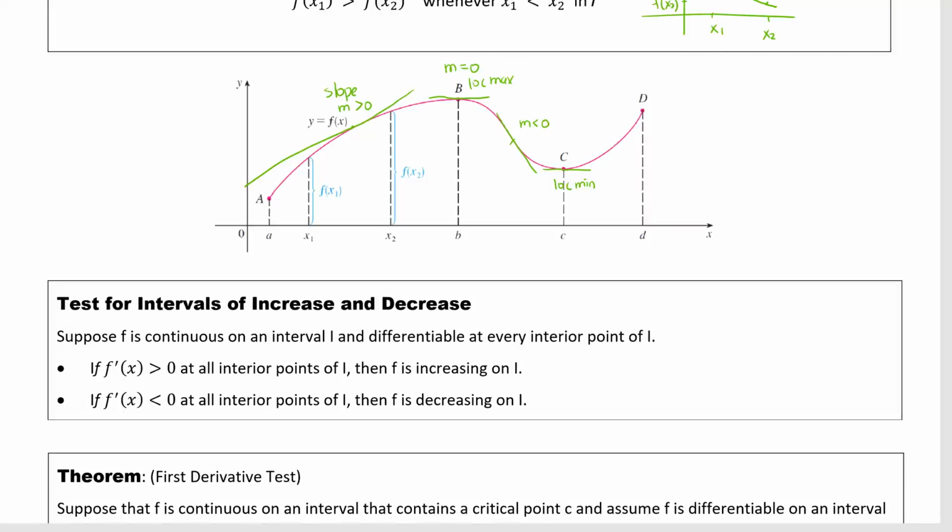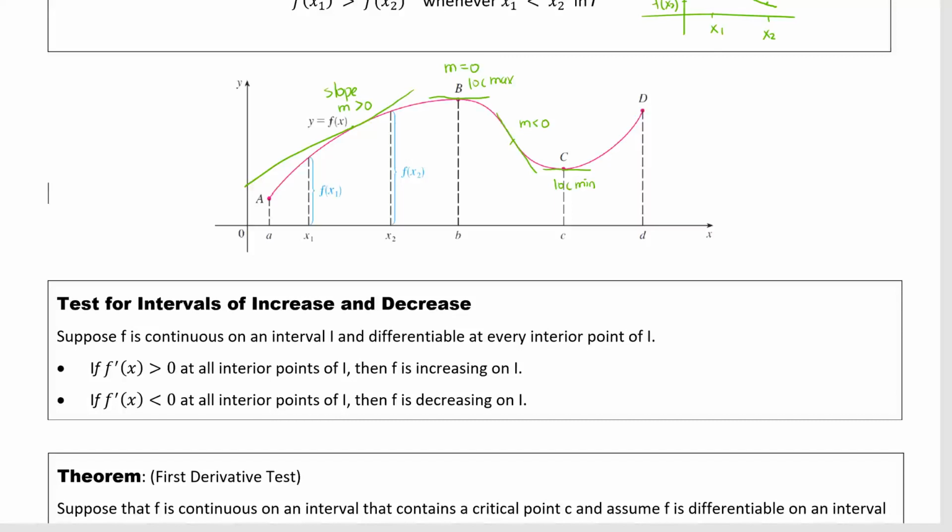Do you remember last session we talked about maximum and minimum? We have critical points when the derivative is 0 or does not exist. So we might have a local max or local min at the critical points.